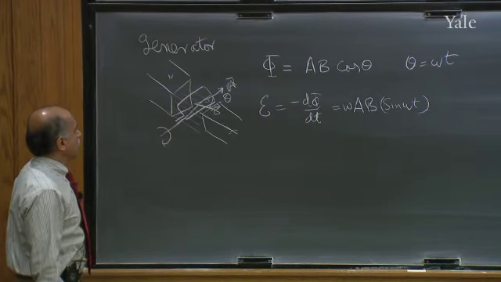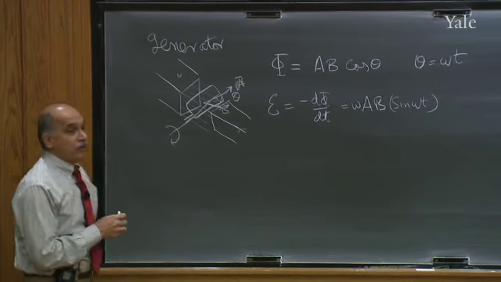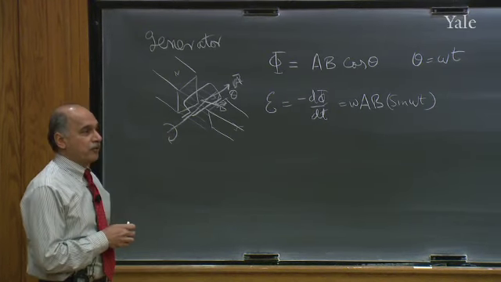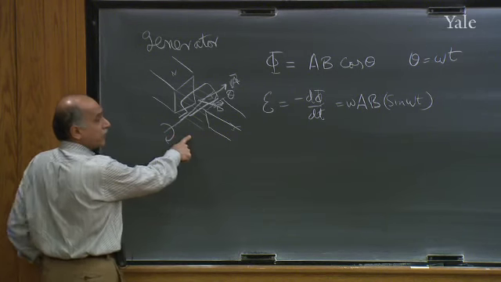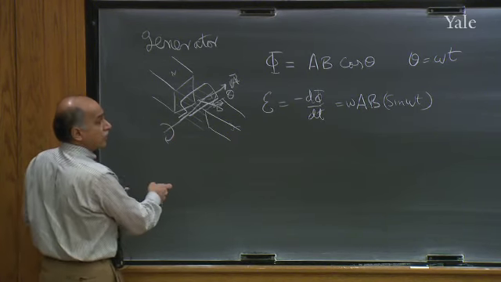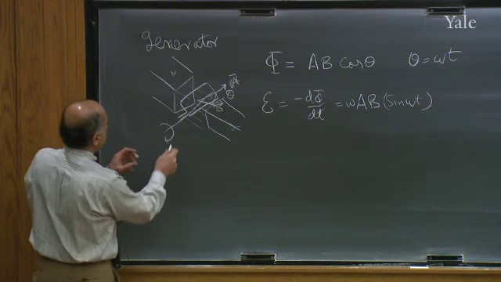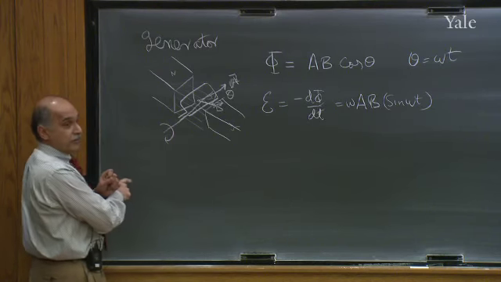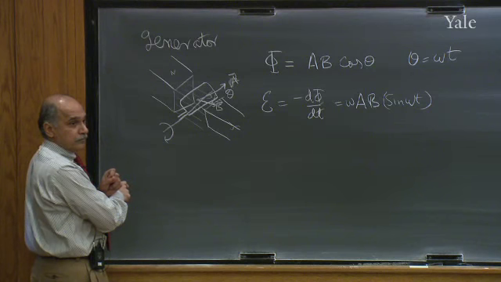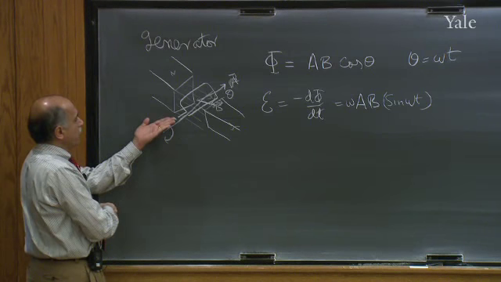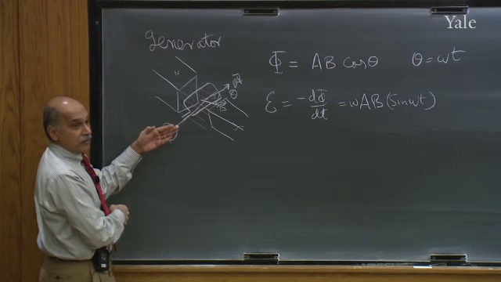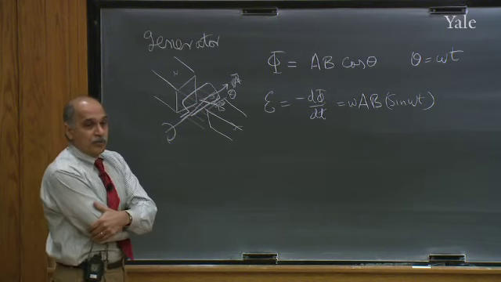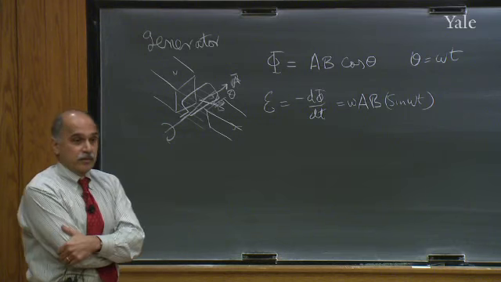Now, what about the minus sign? Forget the minus sign. We can figure out which way the current will try to flow. Look at this coil here. Let's decide how we want to turn this. If you turn it in the manner I've shown here, it's going from some angle like that, eventually to an angle perpendicular to the magnetic field. What's happening to the flux through it? Is it increasing or decreasing?